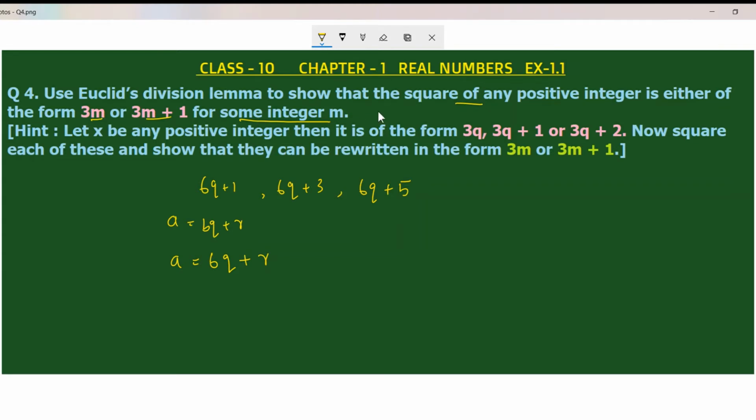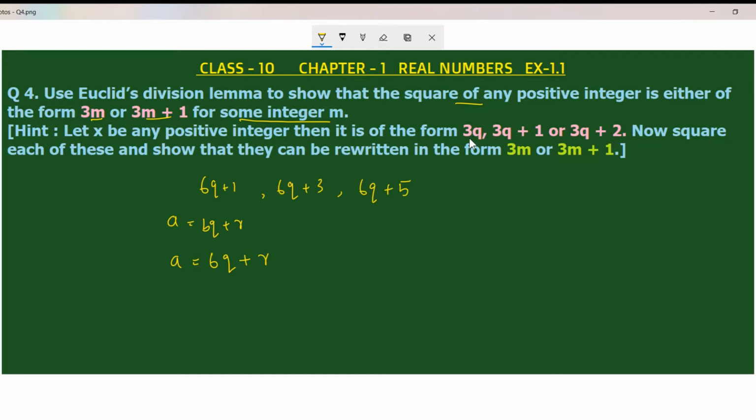Here too, we need to take the square of the positive integer and write it in the form of 3m or 3m plus 1. So they have given one hint here. In the hint, we are going to assume let x be any positive integer. Then it is of the form 3q plus 1, 3q plus 2.